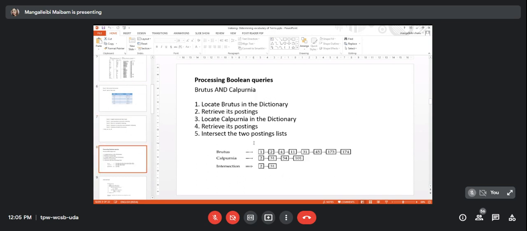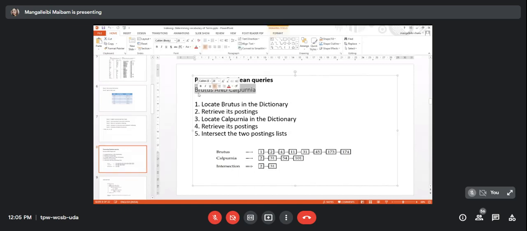And processing Boolean queries is nothing but performing the intersection operation. For the terms given as the query, we have two terms here. For each term, we have to locate it in the dictionary or in the documents, D1 or D2, and finally we will be retrieving the postings.